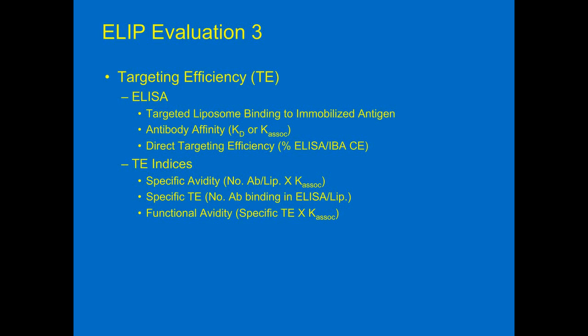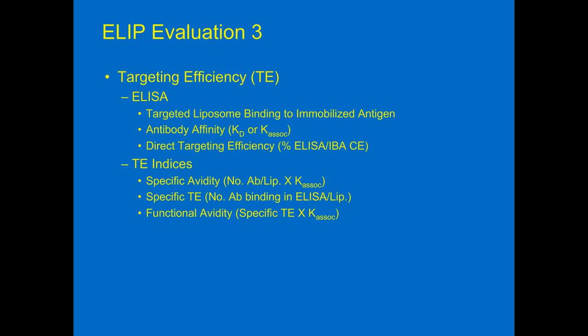Now, then we get into targeting efficiency. And this really gives you a lot of advantages if you can determine actual quantitative targeting efficiency, which means the liposomes that are actually binding to an immobilized antigen. We use a quantitative ELISA method, which actually will measure the antibody affinity, starting with the dissociation constant, which is easily converted to the association constant, which is important for avidity measurements.